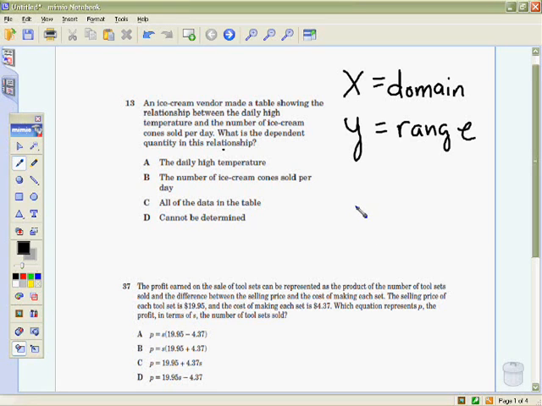Since we neither know x nor y, we simply have to look at the information given and determine, well, what do we know about domain and range? Well, the domain is always the independent value. The y values, or the range, are always going to be the dependent value.